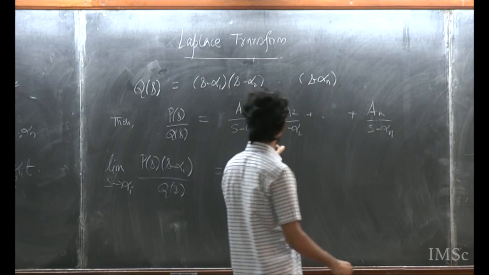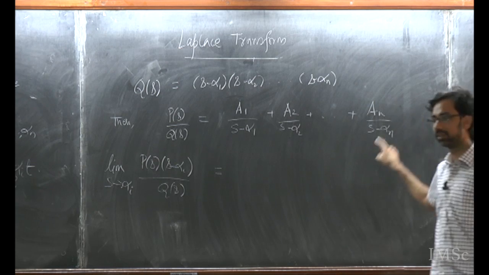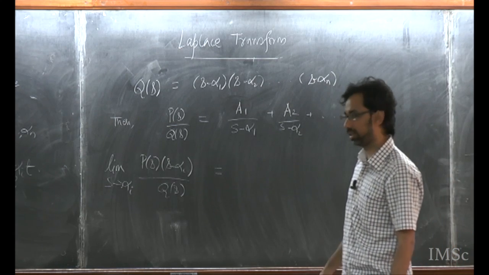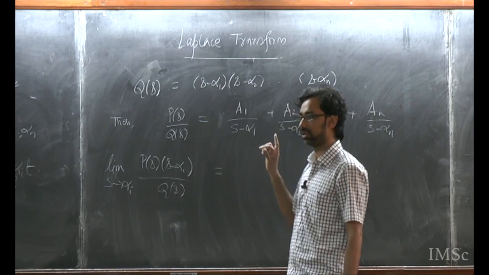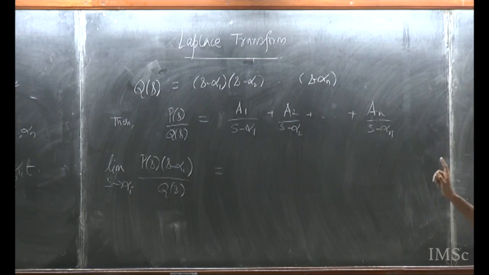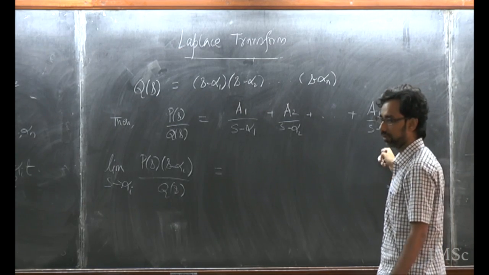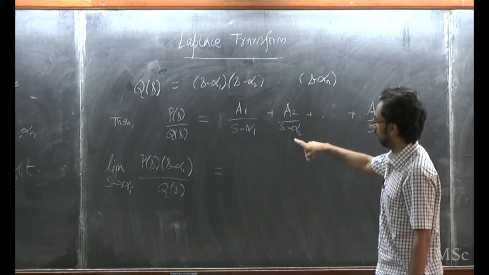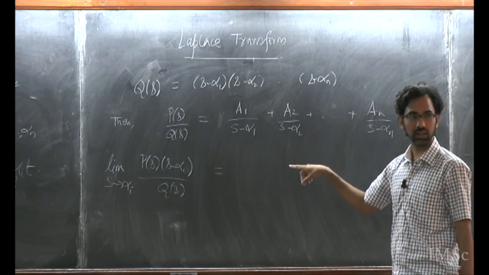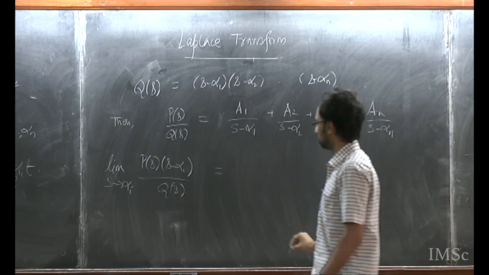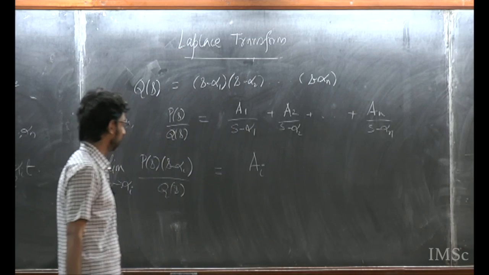Exactly, because all the alpha i's are distinct, there will be no possibility of having poles. And when you take s going to alpha i, everything other than ai will vanish. So this is just ai.